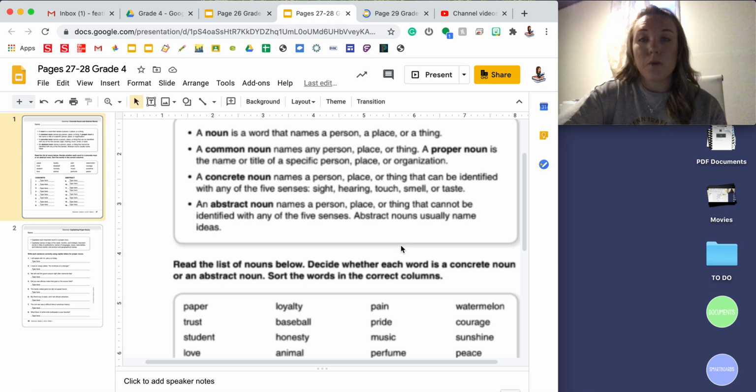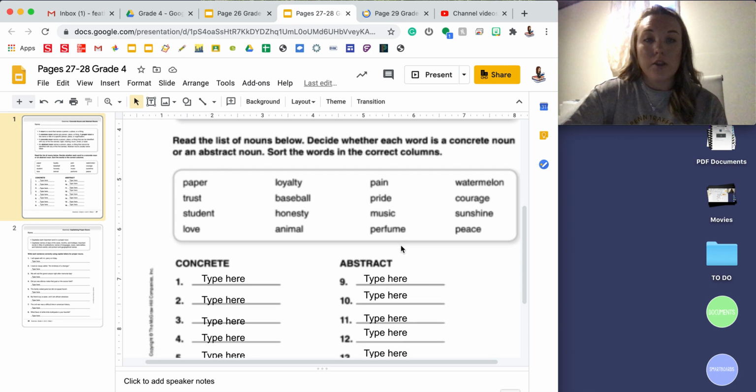And on this page, we're also looking at concrete versus abstract. So a concrete noun names a person, place, or thing that can be identified with any of the 5 senses, so sight, hearing, touch, smell, or taste. And an abstract noun names a person, place, or thing that cannot be identified with the 5 senses. So abstract nouns usually name ideas or thoughts or feelings.